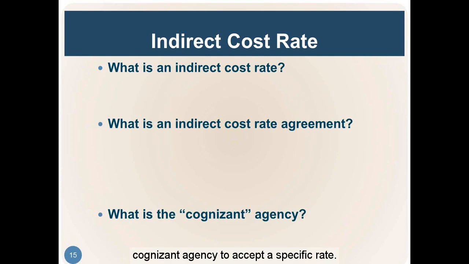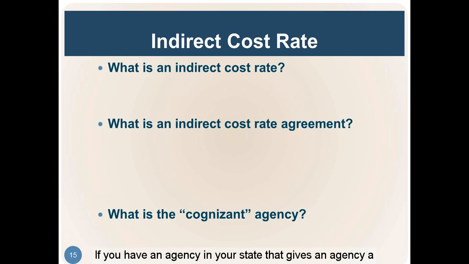If a grantee or subrecipient has that, either the federal agency or the pass-through, which is the states, would be required to accept that rate. We have seen instances where some states give a provisional rate.